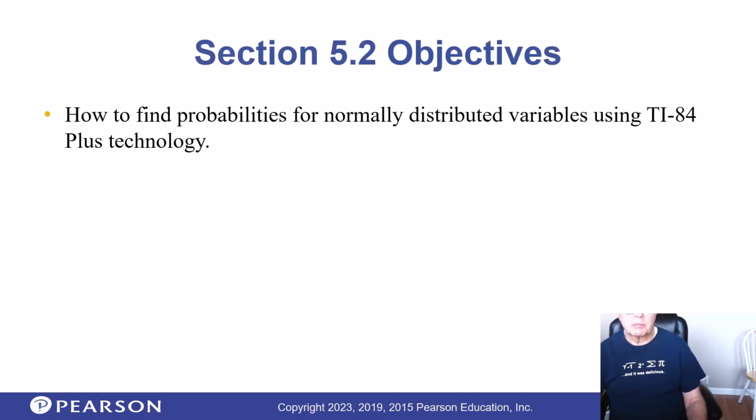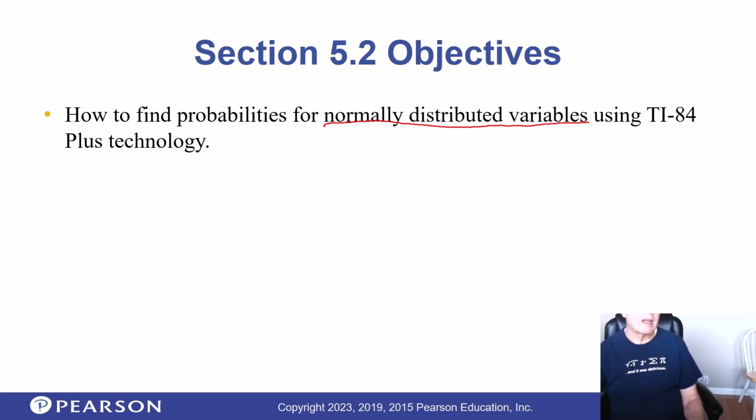We're going to find probabilities, but first of all, remember, you have to see what you're working with. It has to be normally distributed. Otherwise, stay away. Remember, there are binomial distributions and others, geometric, for example.